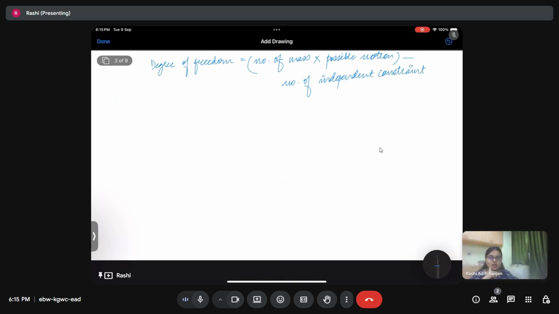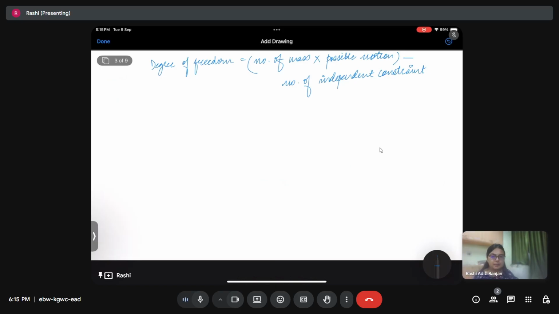Now what does this say? This basically means that we find the number of possible motions. For now, we don't consider any constraint or restriction that we have given to the system. And then we subtract the number of constraints that we have imposed on the system.